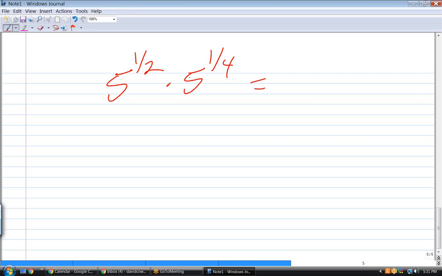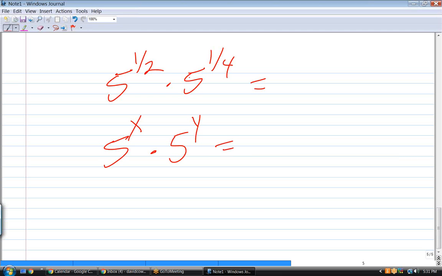That's fine. What was the result here? 5 to the 1/6 power. What do we do when we multiply the base? What do we do with the exponents? In other words, if I had 5 to the x times 5 to the y, what's that equal to?